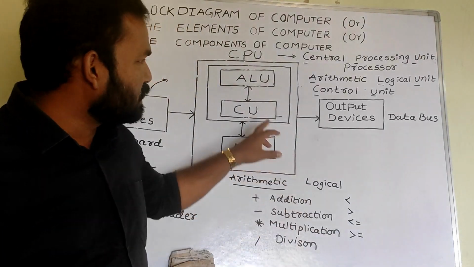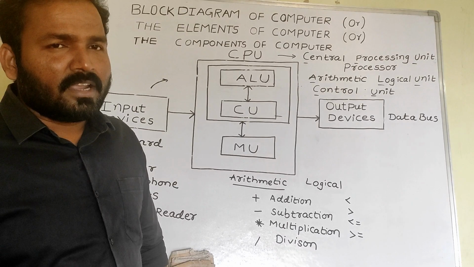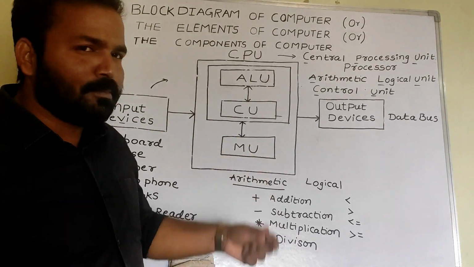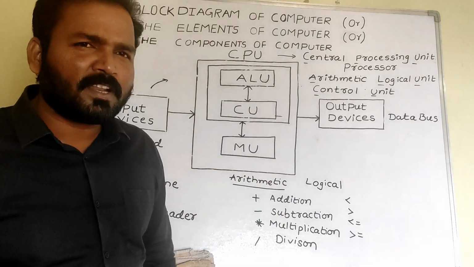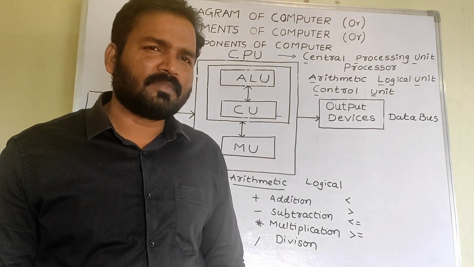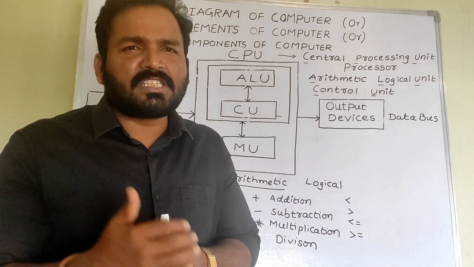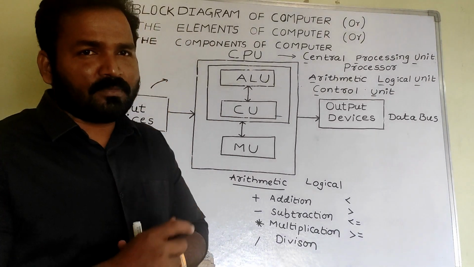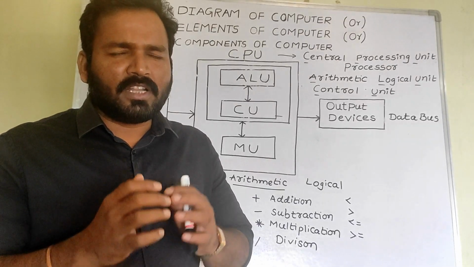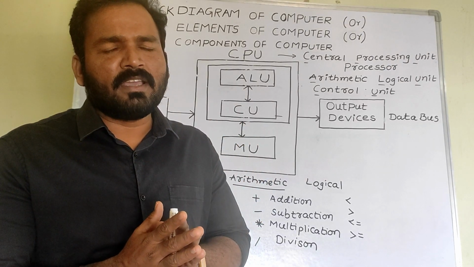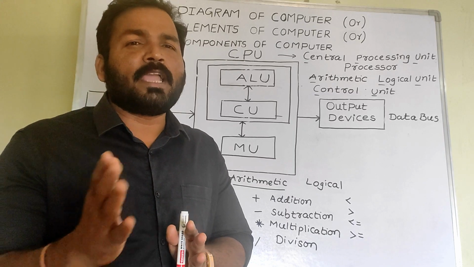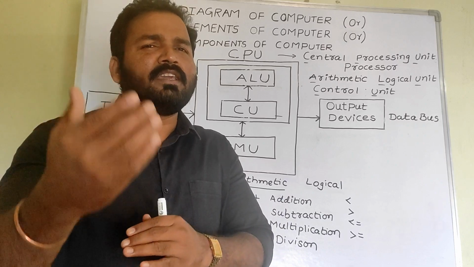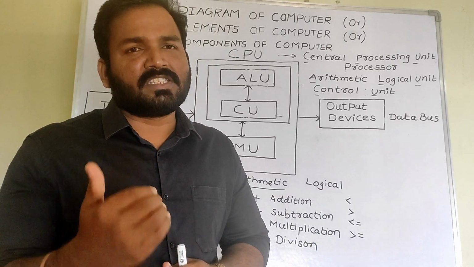Okay, so that is about CU. And the next component of CPU is MU. MU stands for memory unit. In the next session we will discuss MU in detail: what is MU, what is memory, and types of memories.